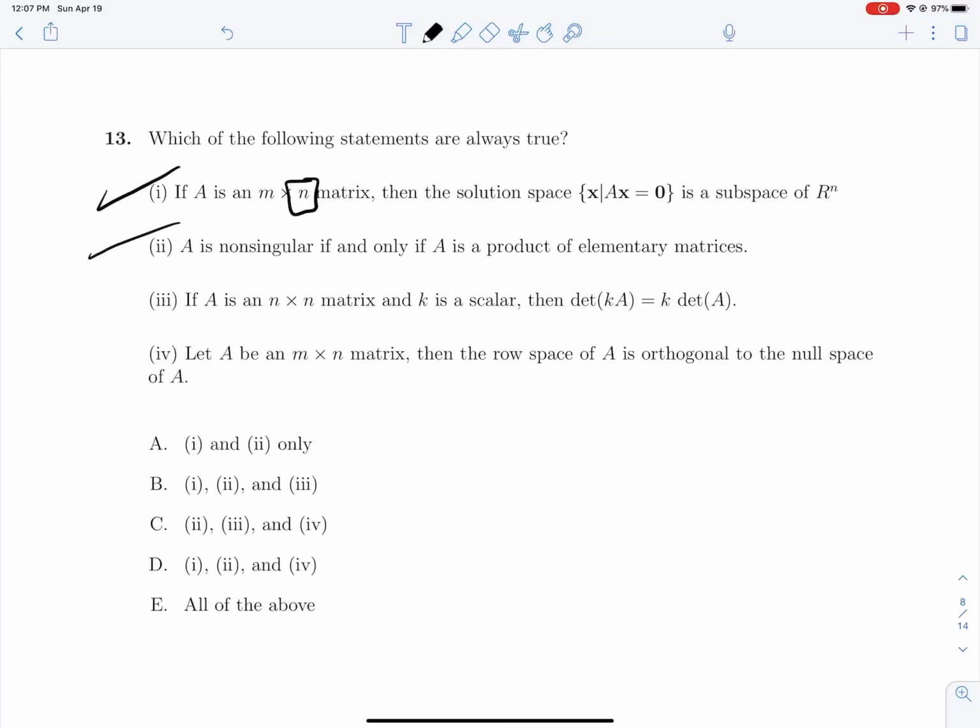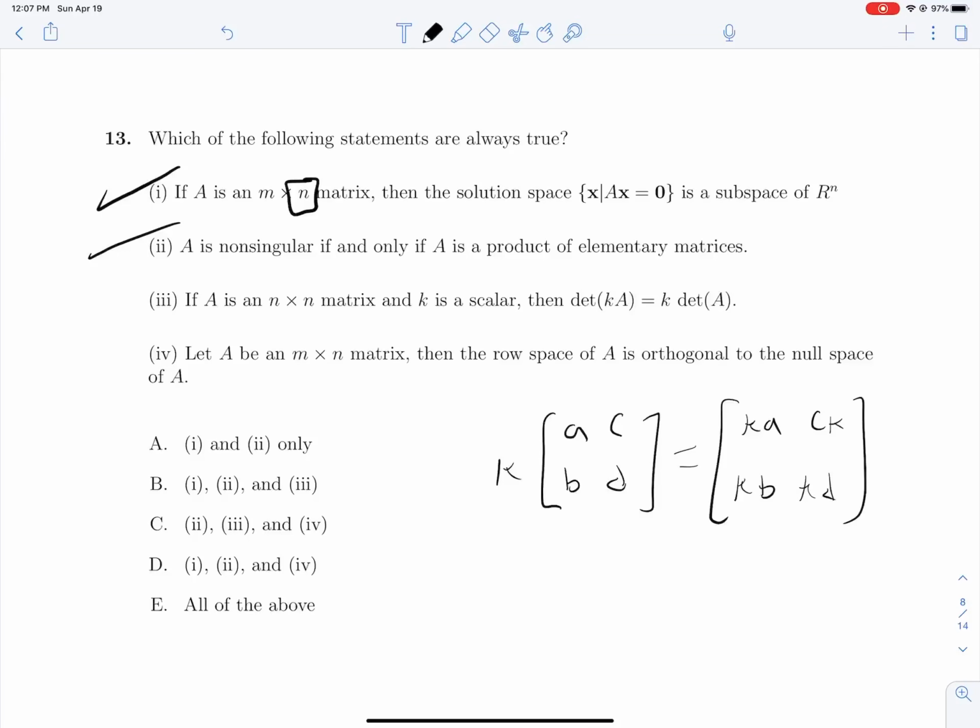That is true. 3. If A is an n by n matrix and K is a scalar, then the determinant of KA is the same thing as K times the determinant of A. Well, this is untrue, because if we multiply K by some 2 by 2 matrix A, B, C, D, that's the same thing as multiplying both of the rows or both of the columns by K. So KA, KB, KC, and KD.